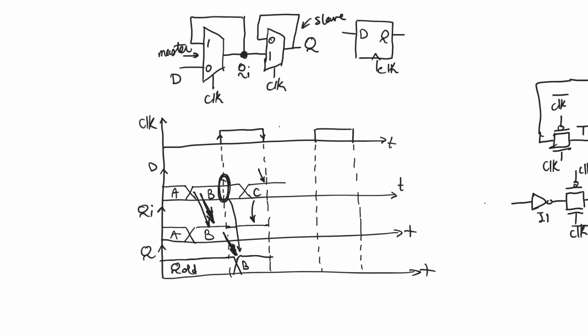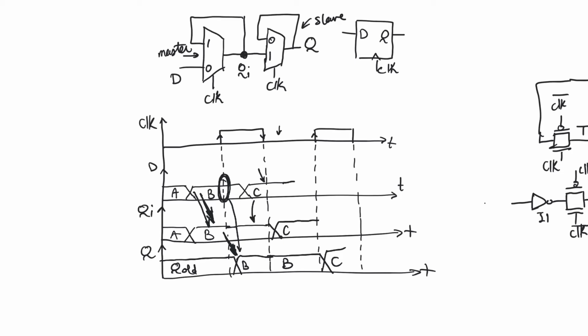As soon as the clock goes down to 0, C will appear on QI. However, Q will keep B because the slave latch is now opaque, so it will keep its old value. It will only copy the value of C on the upcoming positive edge of the clock, and so we will see C only when we come to the positive edge.